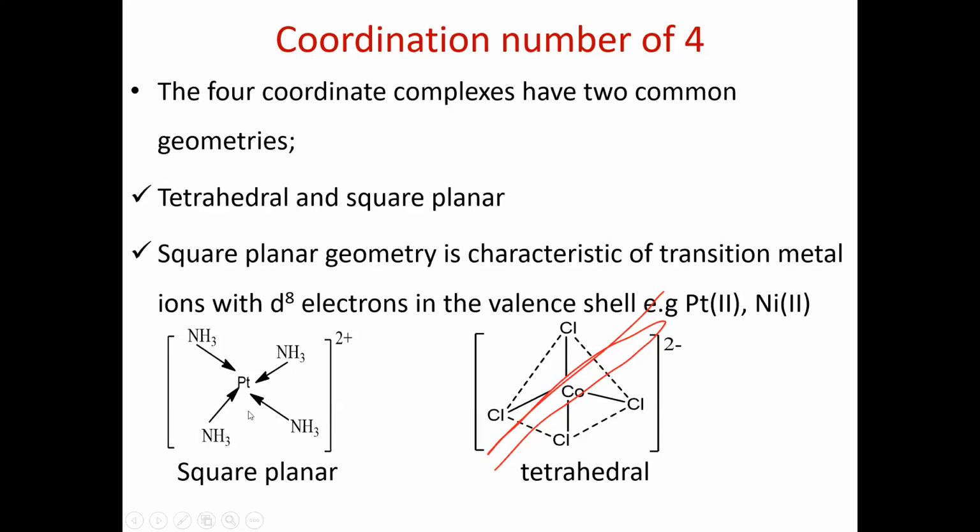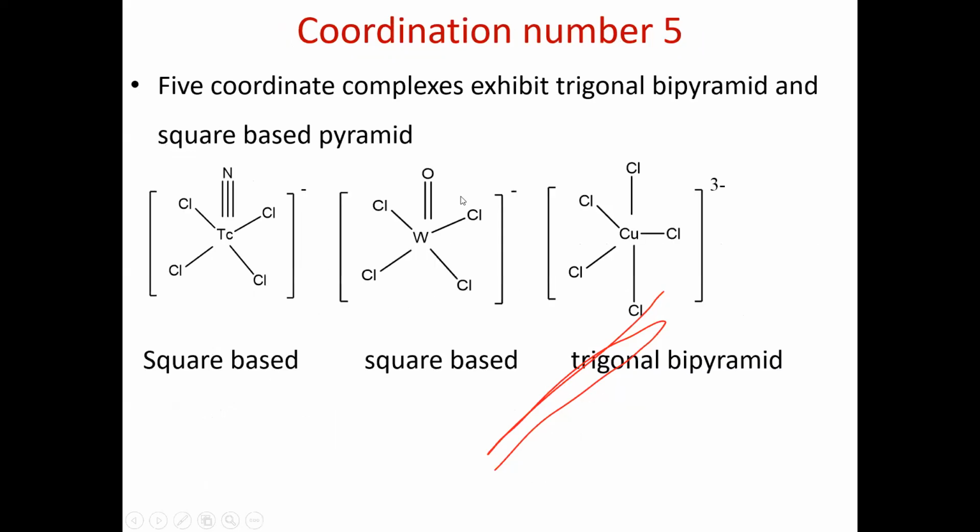When we get to the other part of my course on octahedral and tetrahedral splitting, we are going to see why your d8 electrons usually exhibit square planar. But just for now, we are still going to go deeper. So for coordination number of 4, we can have tetrahedral and we can have square planar.